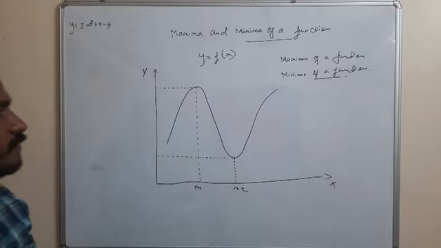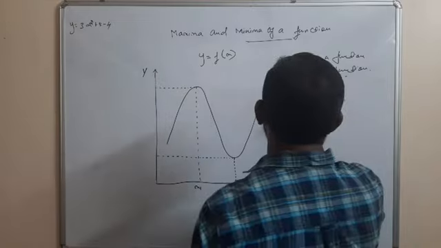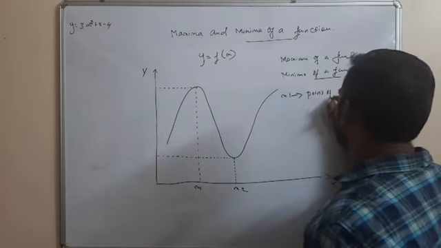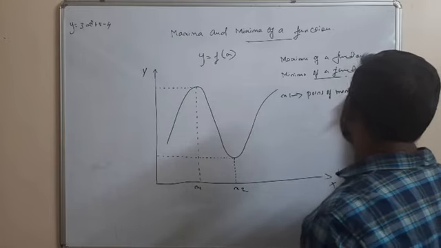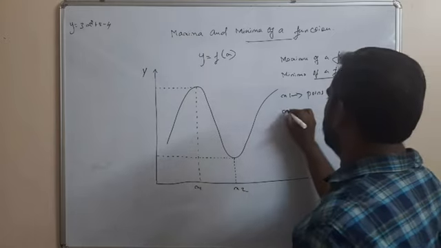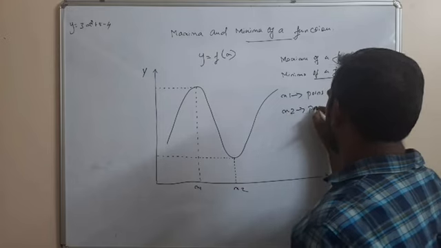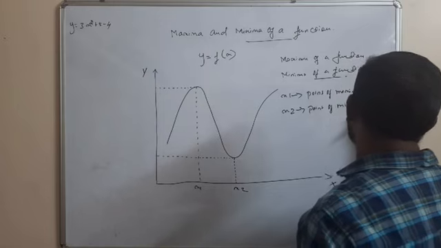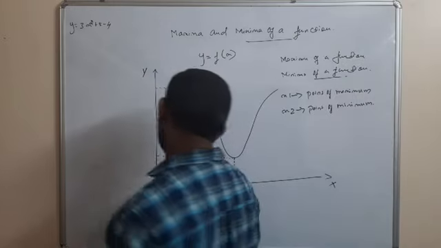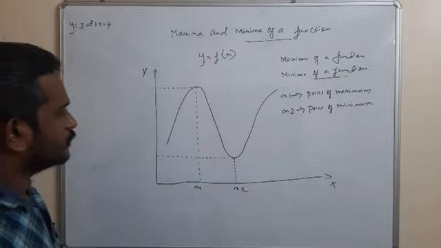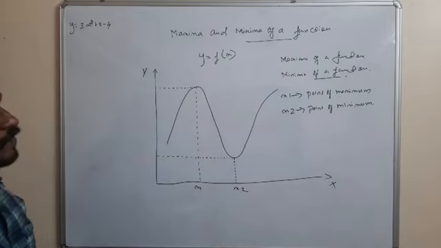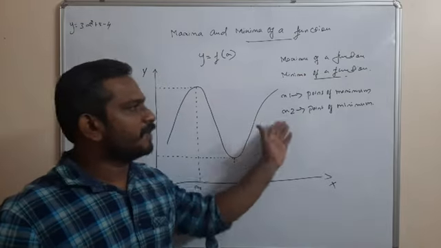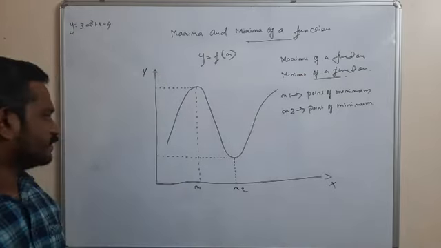From this graph, x1 is the point of maximum, x2 is the point of minimum. So clear what is maximum and minimum of a function, and what is the point of maximum and minimum of a function.